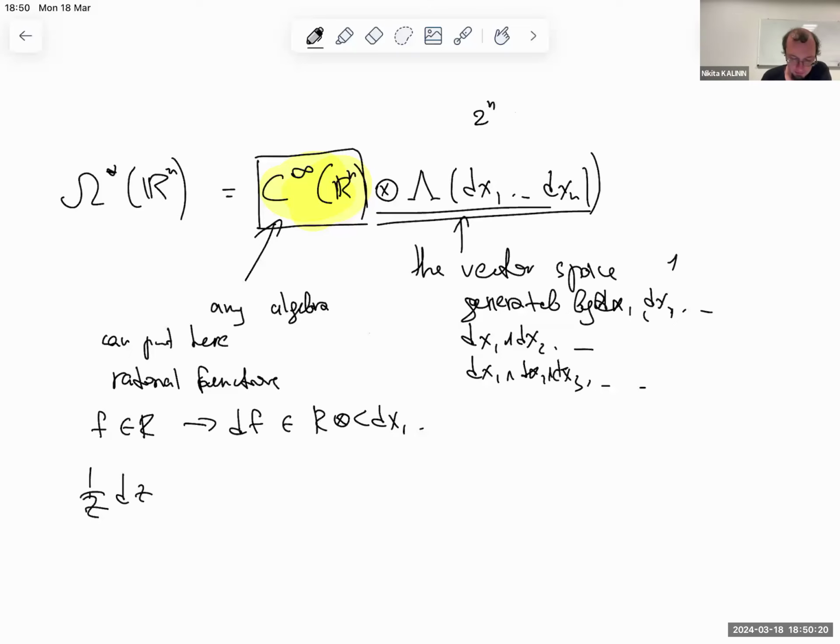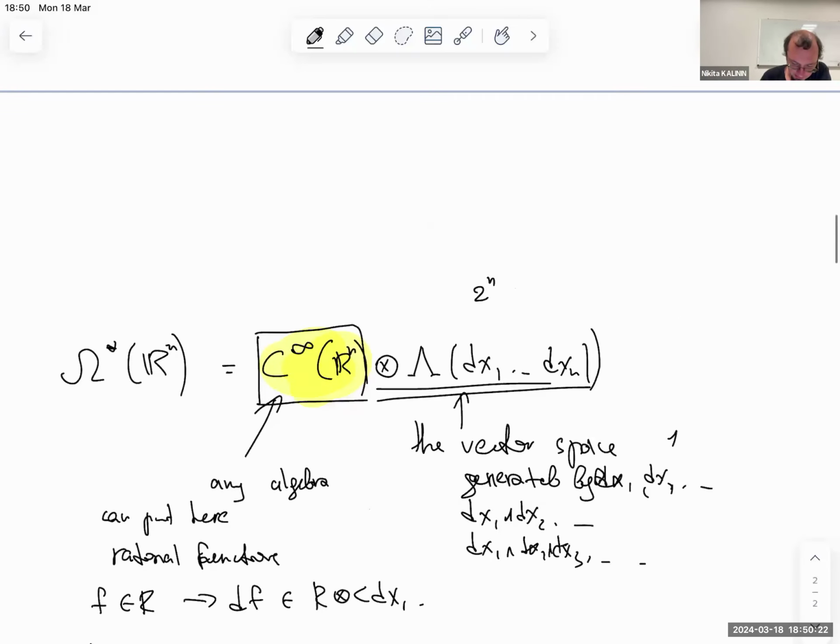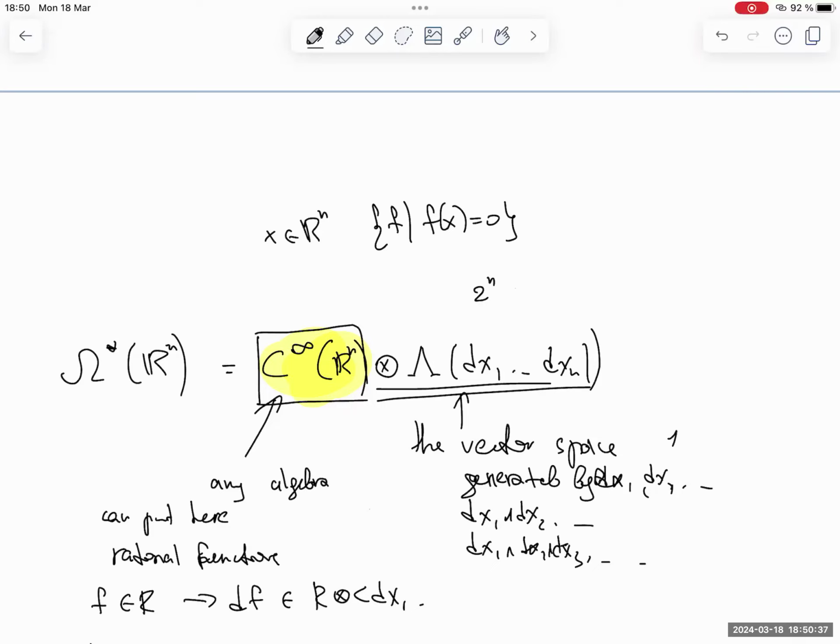Yeah, here, for example, you just consider any point x, and then you consider all these functions f such that f of x is 0. Sure, because if you have two functions and their product is 0 at x, then one of them is 0 at x.